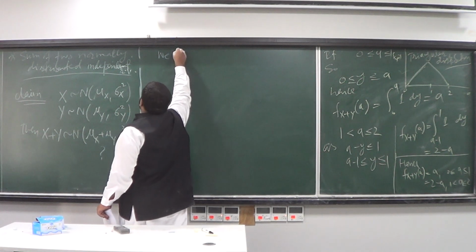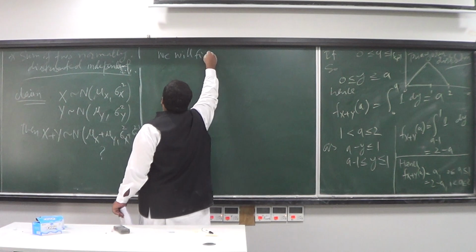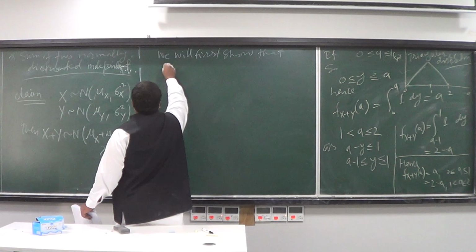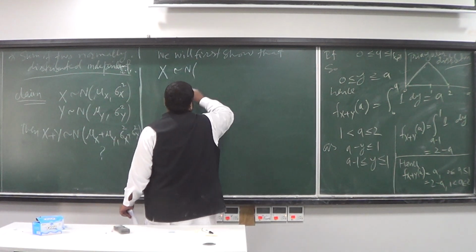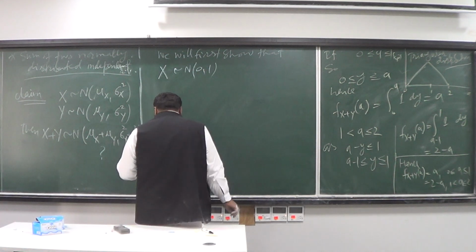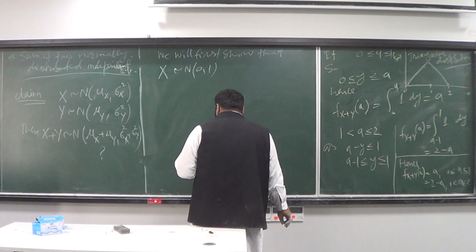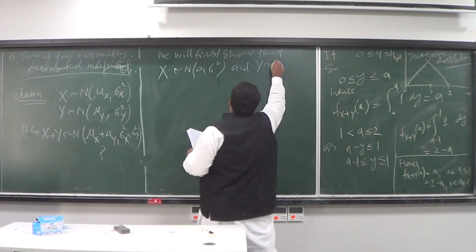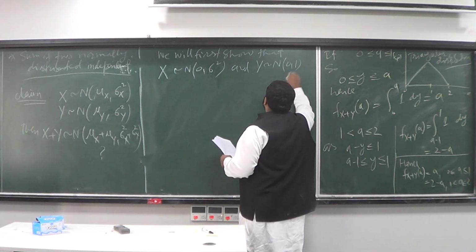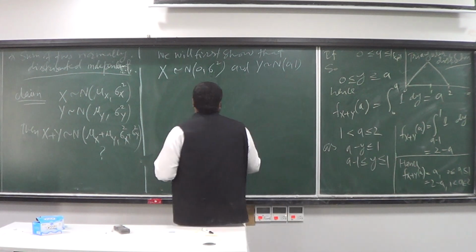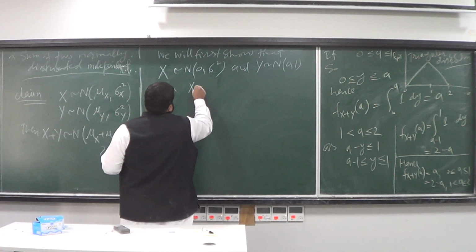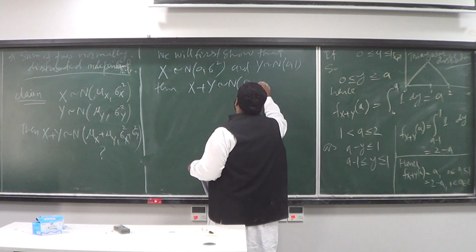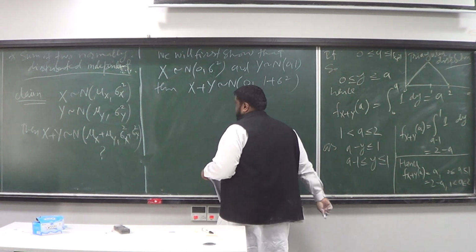So we will first show that if x is normally distributed with mean 0 and variance sigma squared, and y is normally distributed with mean 0 and variance 1, then x plus y is normally distributed with mean 0 and variance 1 plus sigma squared.